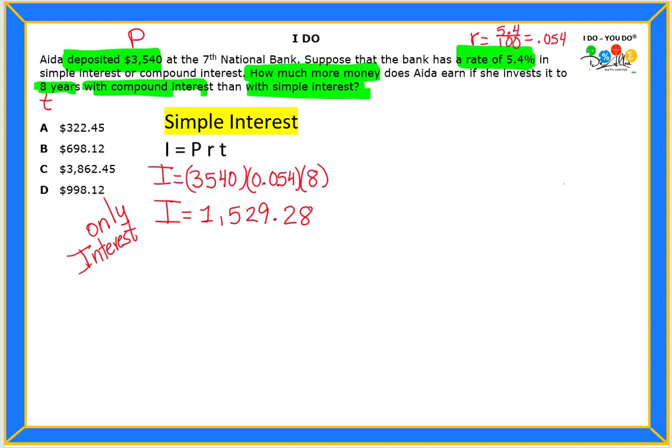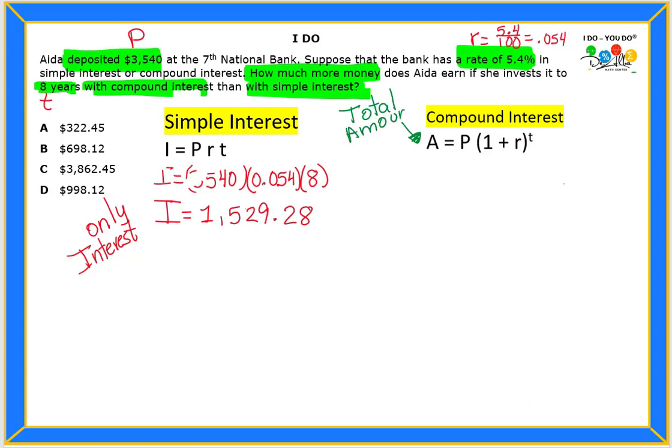So now I want to find out how much money would she get if she was to do it by compound. Okay, so I have my formula right here for compound. And yeah, the formula is a little bit longer than the first one. Just be with me because it's pretty much the same thing. Now, just remember that A, that's not interest. That is the total amount.